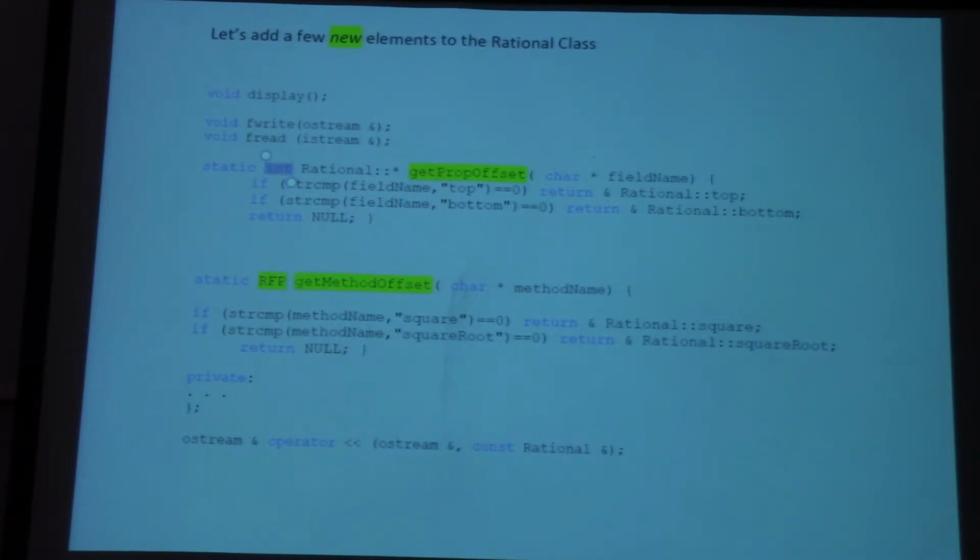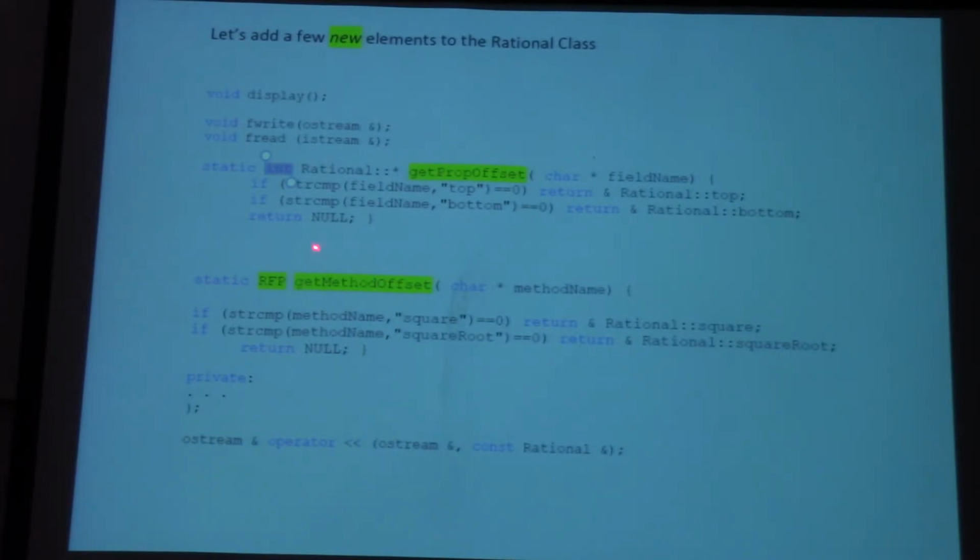So what's RFP stand for, you think? I know you know FP. Rational function. Yes. Okay. So RFP is basically, FP is a function pointer, and RFP is specifically catered for rational, so it's a rational function pointer. So if you give me a string, and if the string compare of your C string and square is equal to 0, that means they're the same character for character.